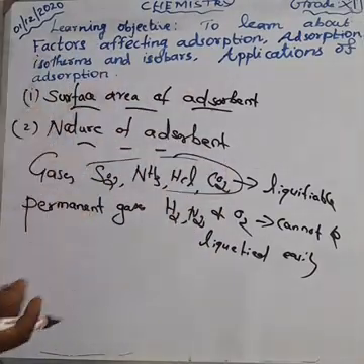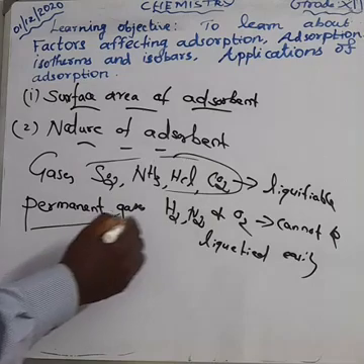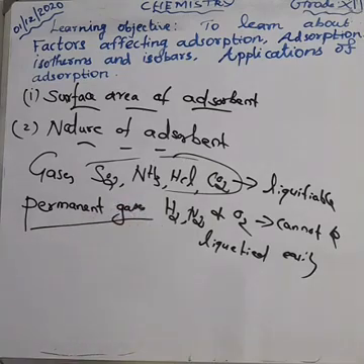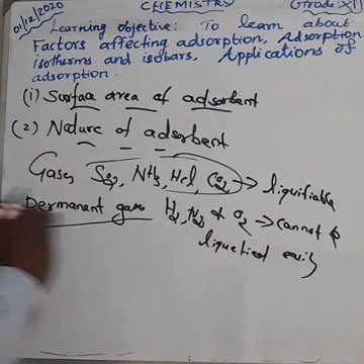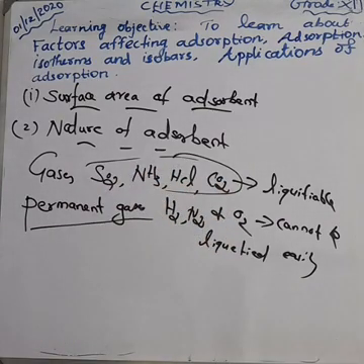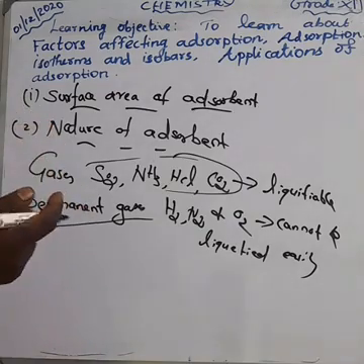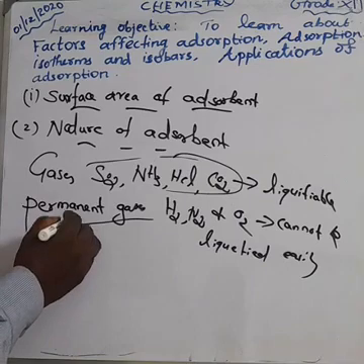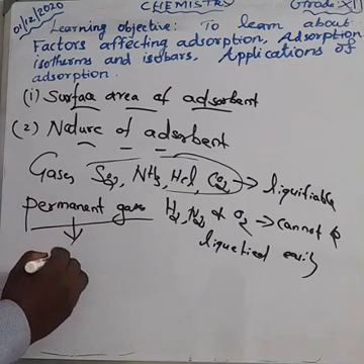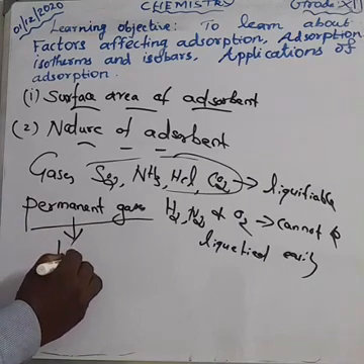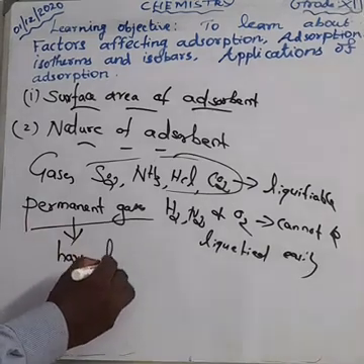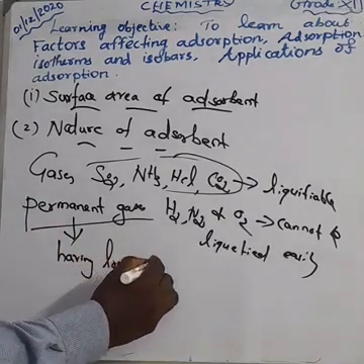The permanent gases, hydrogen, nitrogen, and oxygen, cannot be liquefied easily. Why does this happen? Because the permanent gases have a low critical temperature. Don't forget that.